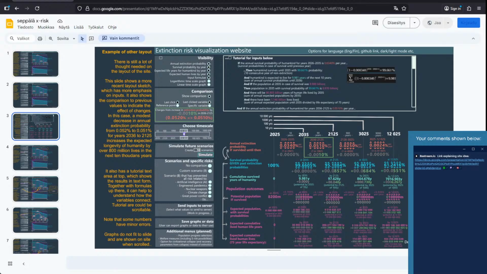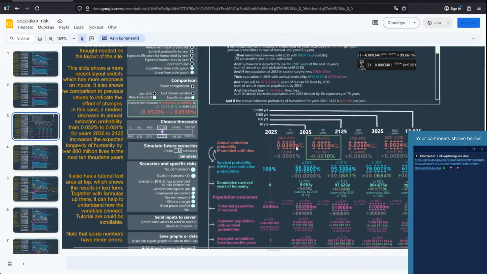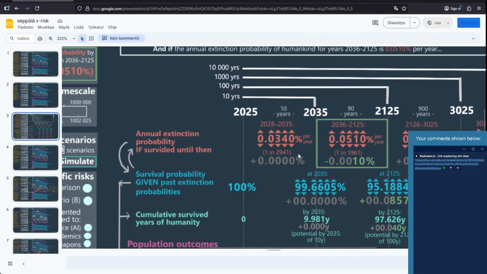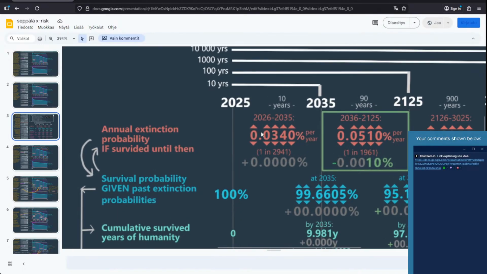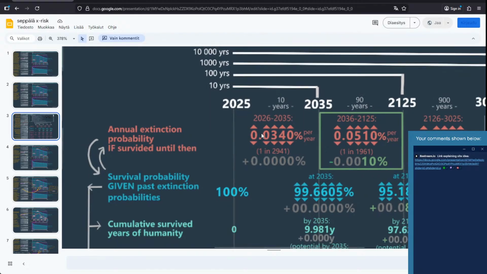change it so that there's this, let's see, there's these numbers here below, like 1 in 2941, and I think for me, and for most people, that's a lot more intuitive to understand.